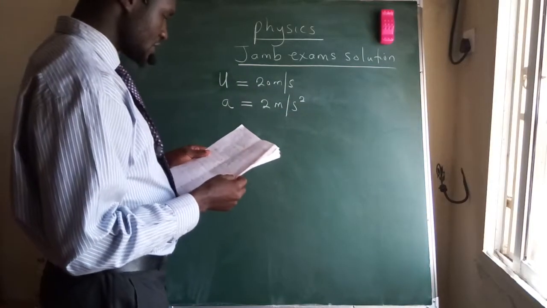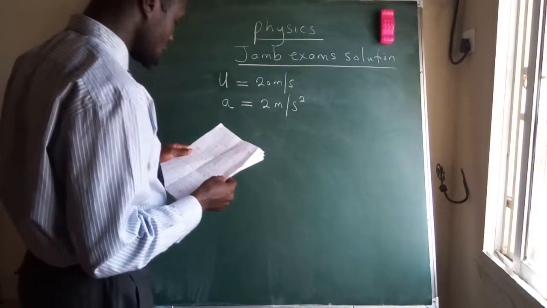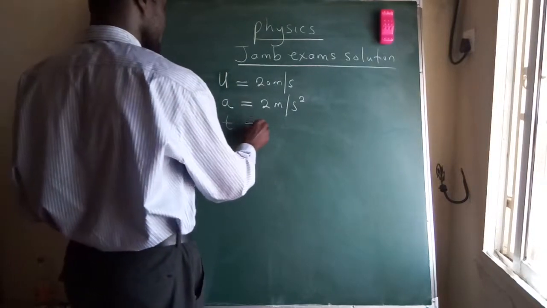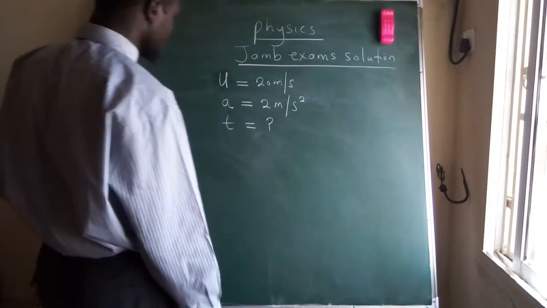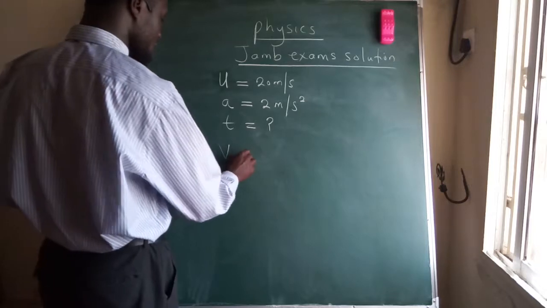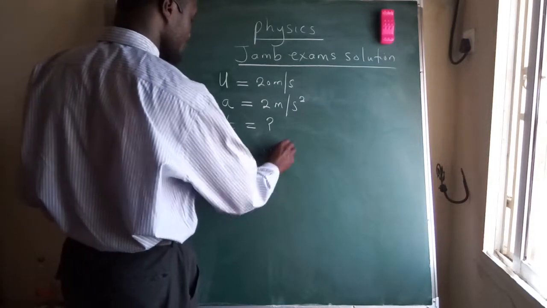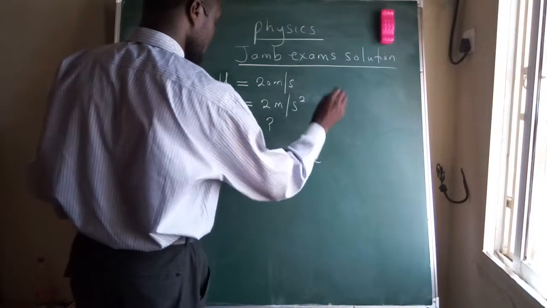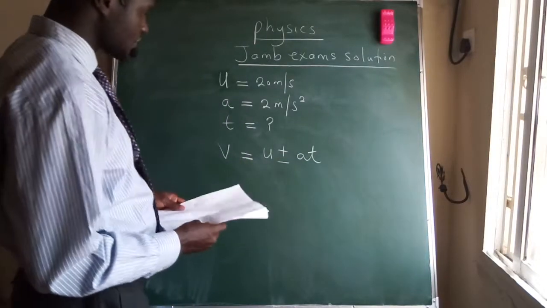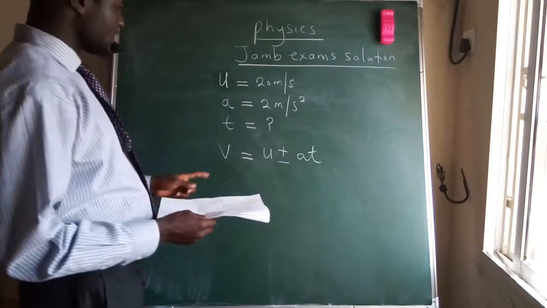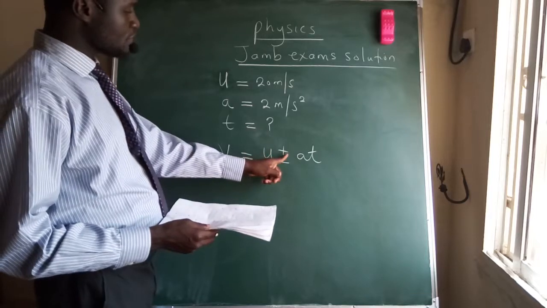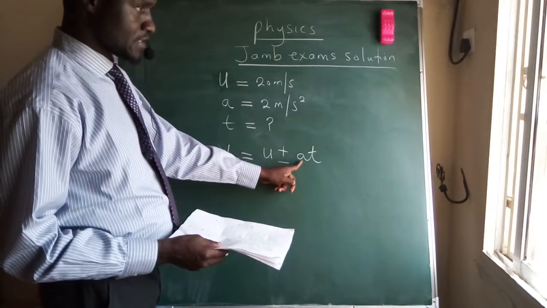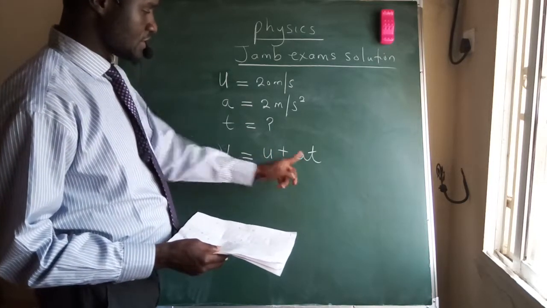Then the question says the time required to bring the train to a complete halt is, so we are looking for the time. So using v is equal to u plus or minus at, which is Newton's first equation of motion. We use positive when the a is acceleration, and we use negative when the a is deceleration.